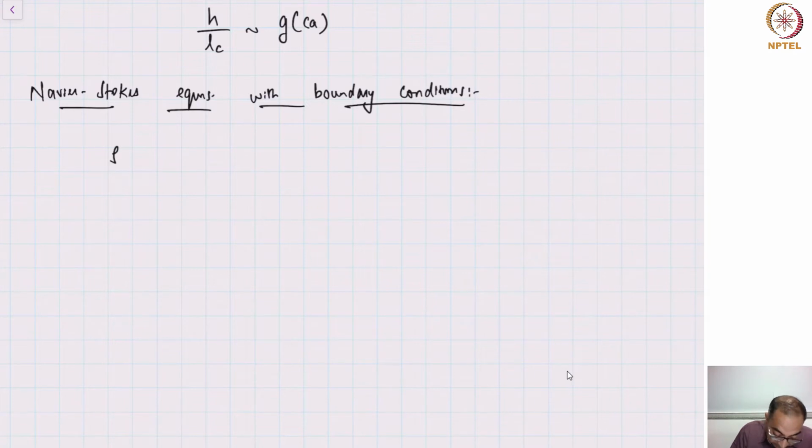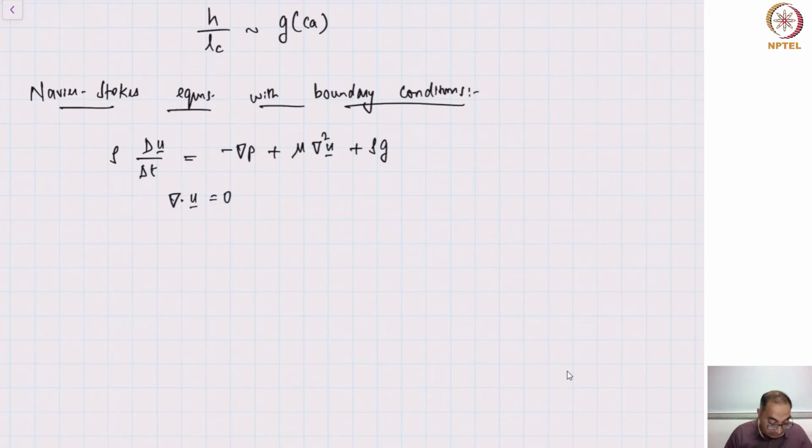So density times d by dt of u bar is minus grad p, viscous term, and gravity. And del dot u bar is 0, right?